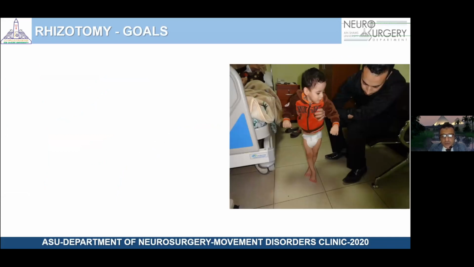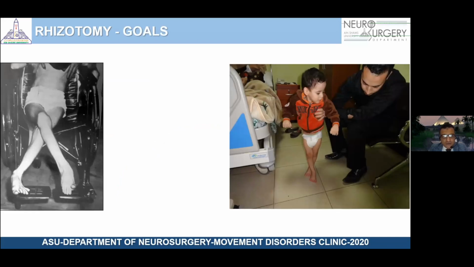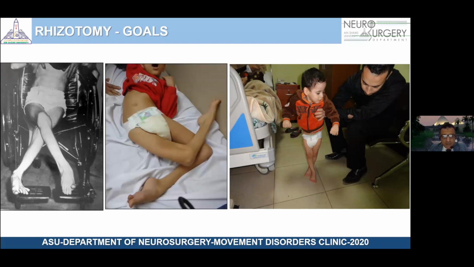Our goal is to improve ambulatory function, improve caregiving for those with severe forms of disability, and prevent or control the development and progress of severe forms of deformity like this boy.